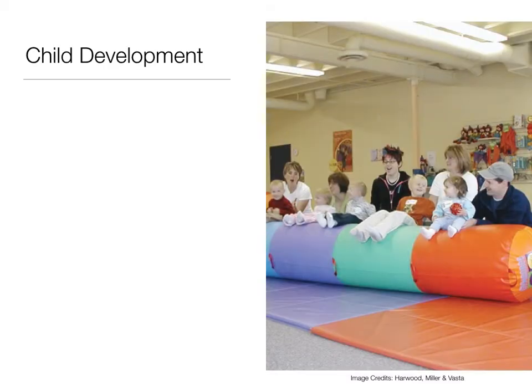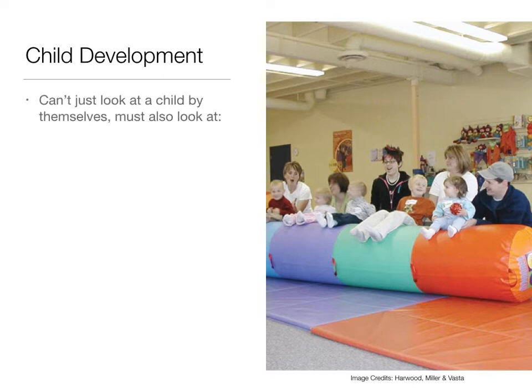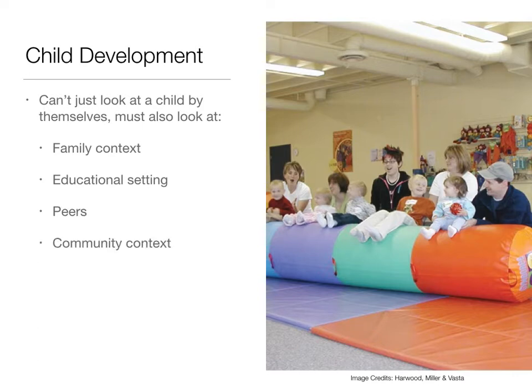So first of all, let's cover how we approach looking at child development. While we call it child development, we can't just look at the child by itself. We must also look at the context that child is brought up in. So we've got to look at the family, the educational setting, peers as that child ages and grows, and the community that child's being raised in.